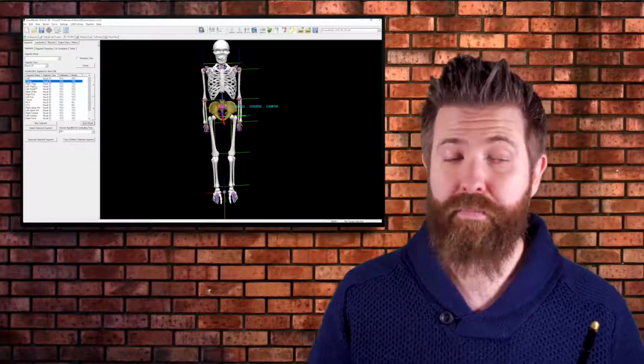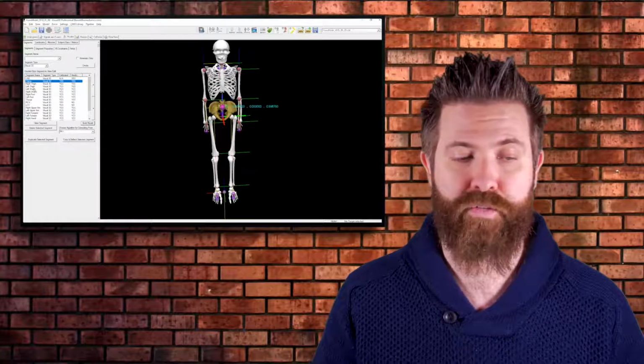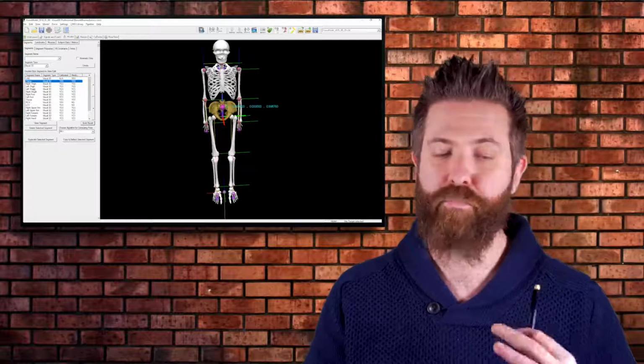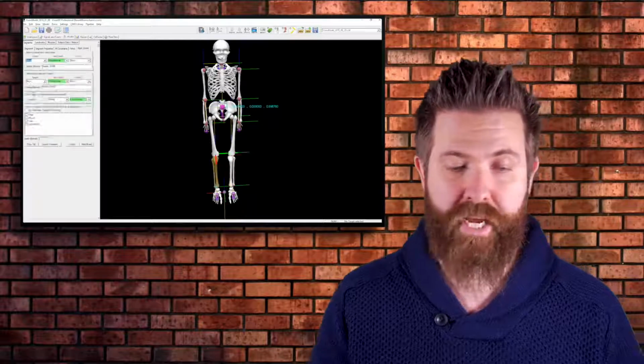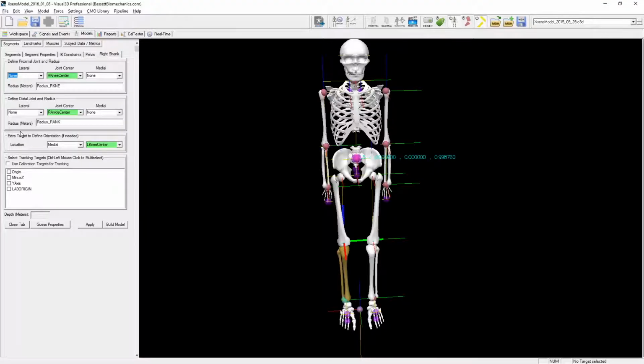So we've already talked about the right thigh for illustrative purposes of what a segment is in the previous chapter. So we're going to quickly tackle the right shank, which you can see here, the right knee center and the right ankle center markers are defined as such. Now the right knee center is also used to define the thigh segment, but where does it come from?